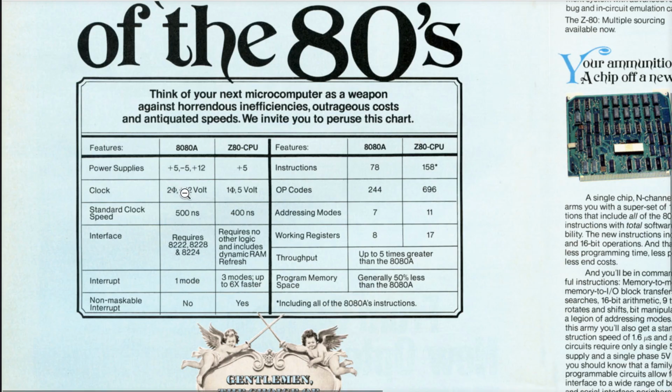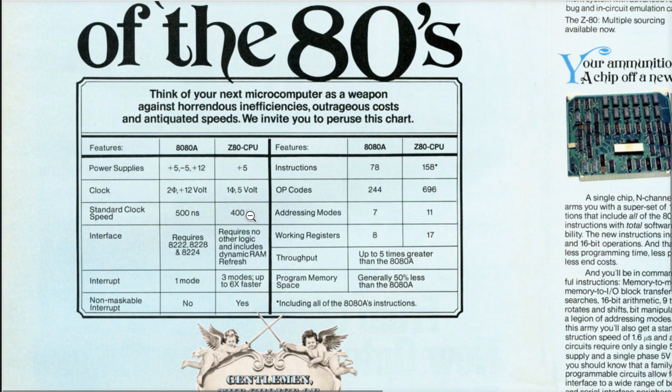They make a special chip just to generate this wonky clock that they need to use, and it has to run at 12 volts. The Z80 over here only needs 5 volts. It needs a single phase square wave clock running at 5 volts, which anyone can get from a metal can oscillator or generated very easily with a crystal and a CMOS inverter or something like that.